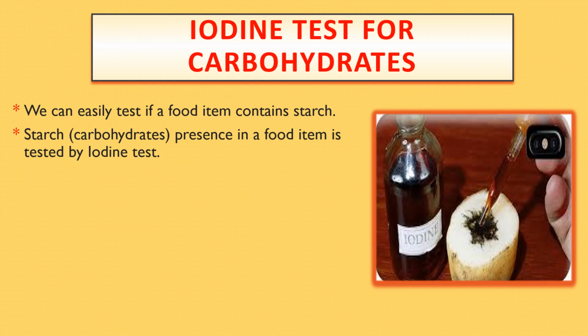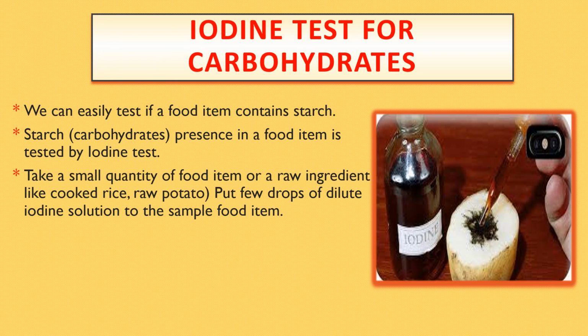Starch presence in a food item can be tested very easily by the iodine test. For this, you have to take a small quantity of a food item or a raw ingredient like cooked rice or raw potatoes. As shown in the figure, we will take raw potato. Put a few drops of dilute iodine solution on the potato.